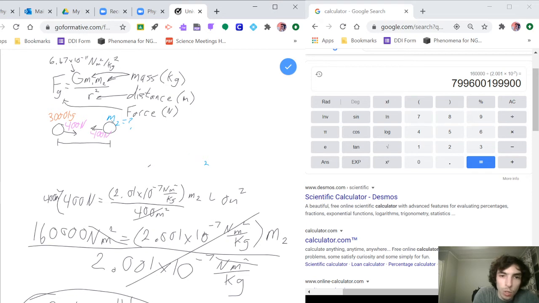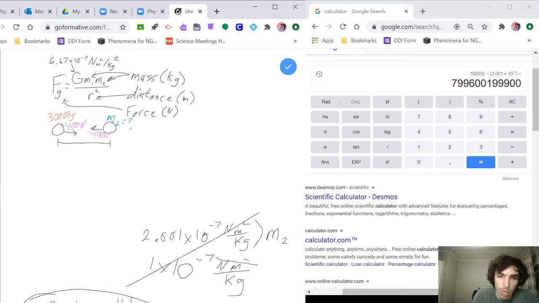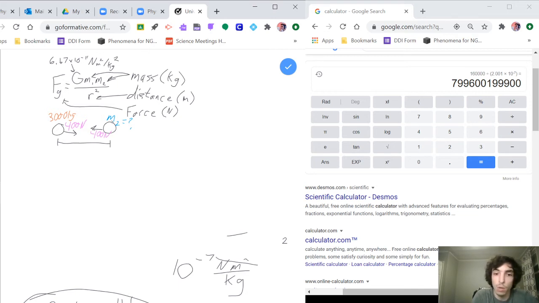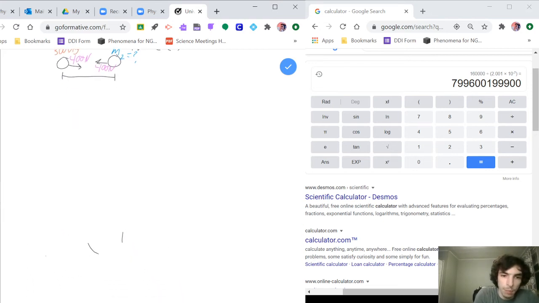Now what we're going to try to solve for is an unknown distance between two masses. Just like the other kinds of problems, that means we have to know the other pieces of information in our equation. So we must know both masses, and we also must know the force that those two masses exert upon each other.